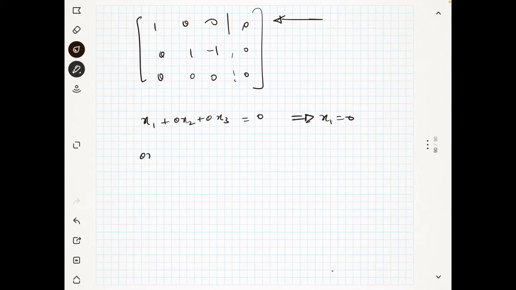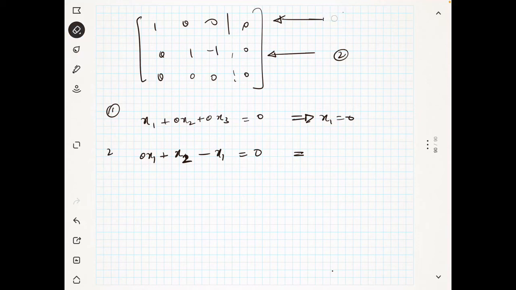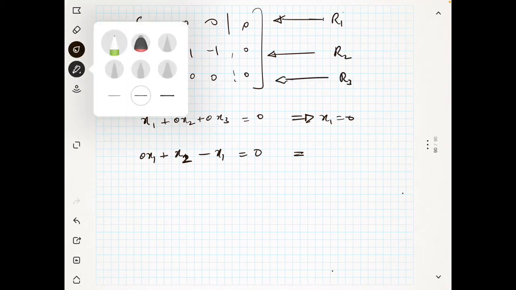Next is 0 x1 plus x2 minus x3 is equal to 0. This is from the second row. Okay, this is the second equation, second row. That means let's say this is row 1 and row 2, and this is row 3. So I can use the same convention here also.